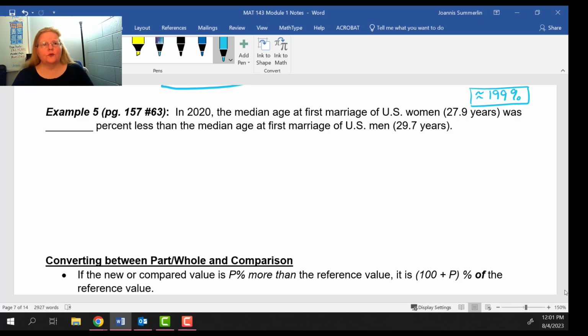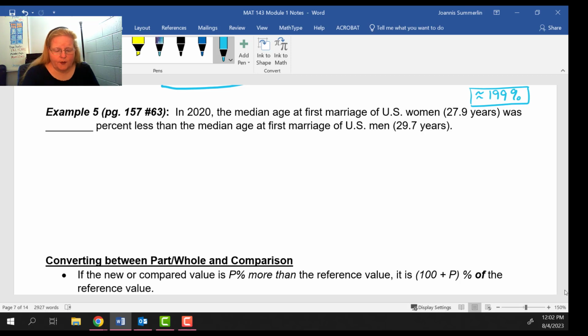They didn't tell us which formula to use. Did they give us a couple of different years? No. So we can't use the absolute and relative change because it's not new and old. So we're going to have to use the compared and reference.